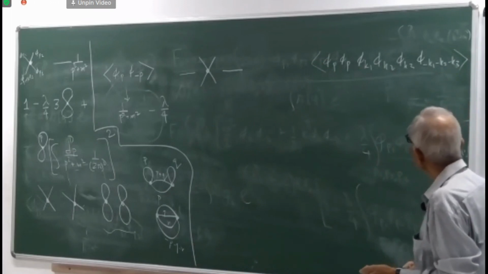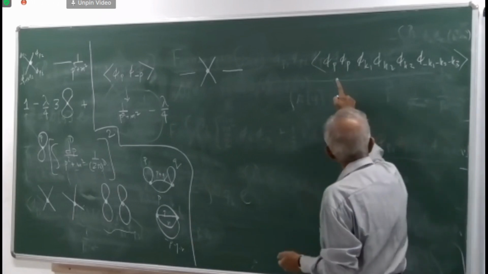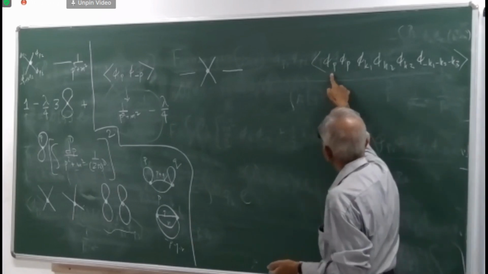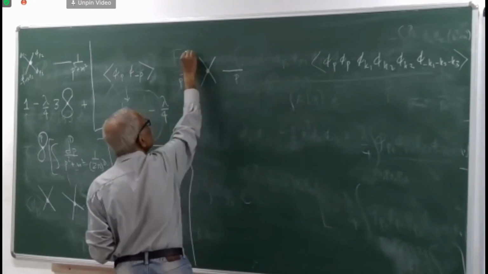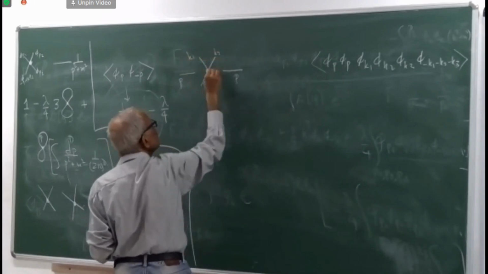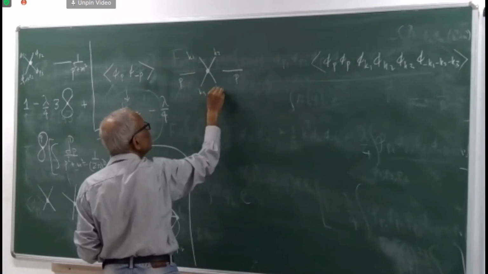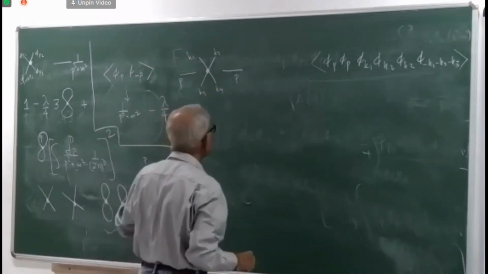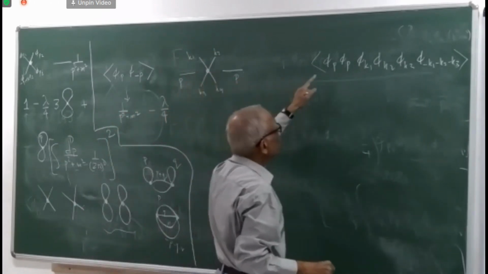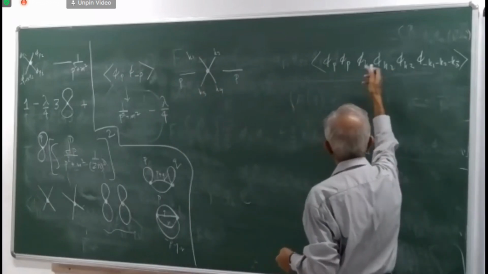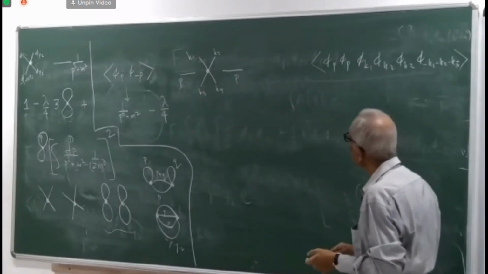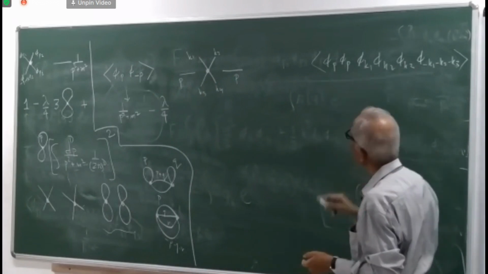All right, I can take this phi p. So this is my external line p, and here is my k1, k2, k3, k4. I can take p and join to any one of those, right? And so I can do that in 4 different ways.